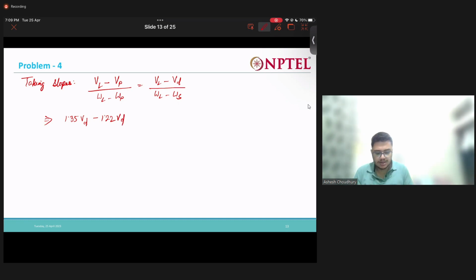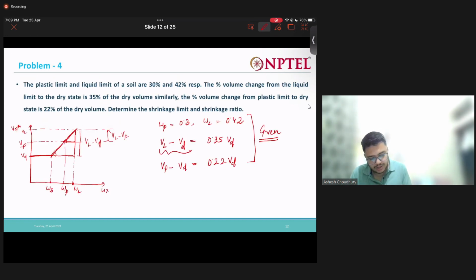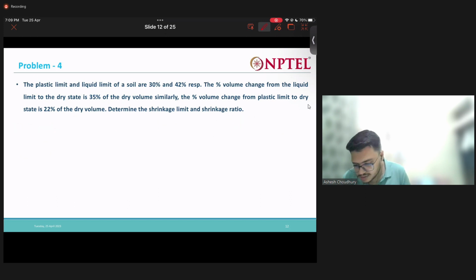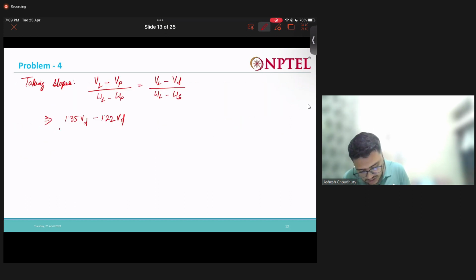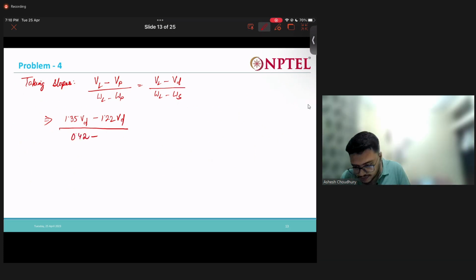What we are doing is just representing VL and VP in terms of VD. From the given conditions we are writing, and WL is given, and this is also given.